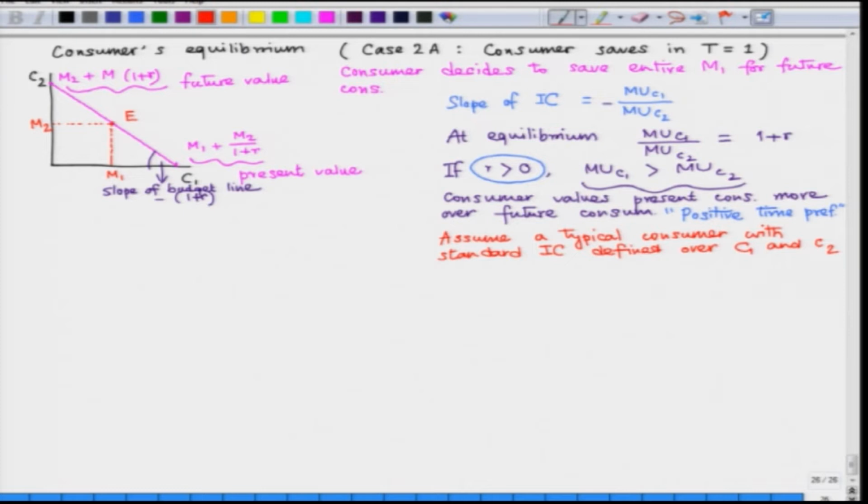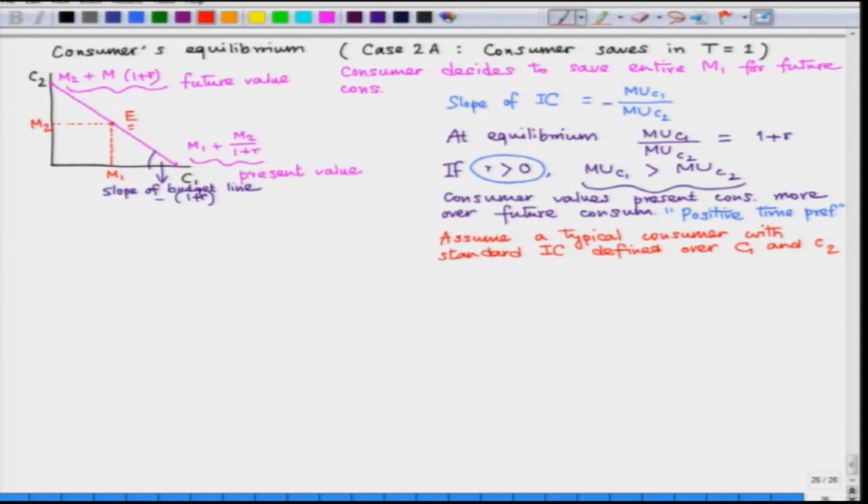Now, the equilibrium position is uncertain. There can be several possibilities. Of course, we can get back E as the equilibrium itself, or there can be far more interesting cases where we can get this tangency occurring in either the northwest part of the point E or in the southeast part of the point E.